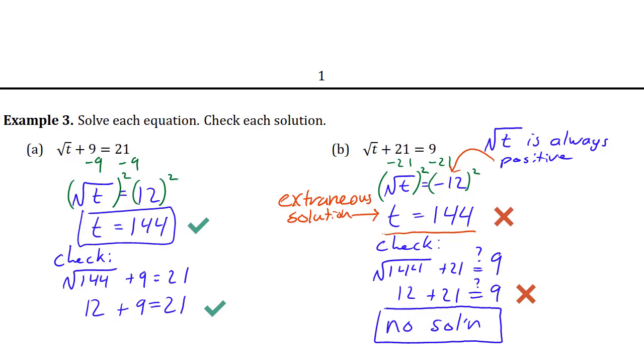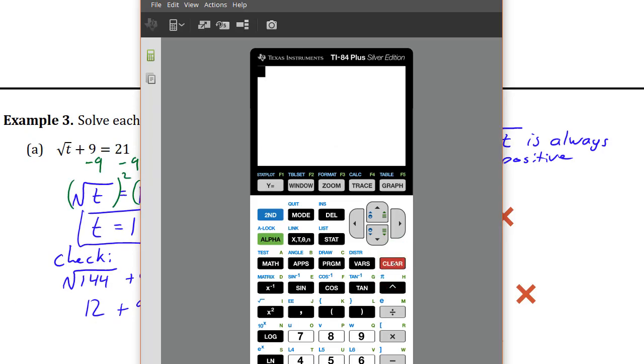And if you don't believe me that the square root of anything is always positive, let's just take a calculator and see what happens. If I do the square root of 144, is it going to give me plus or minus 12? No, it's just 12. Or if you do the square root of negative 144, it gives you a non-real answer, meaning it's not a real number.